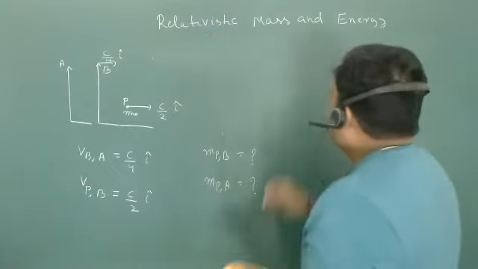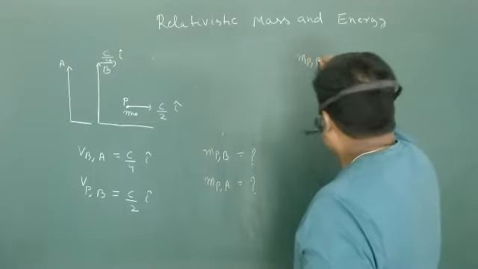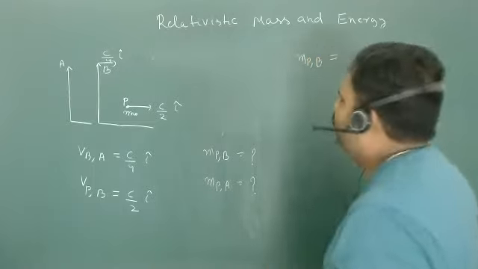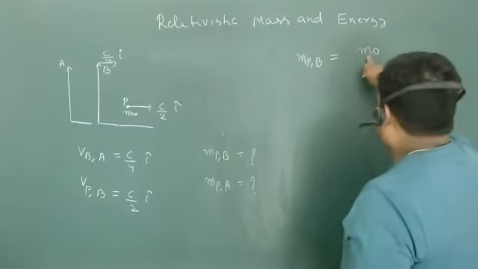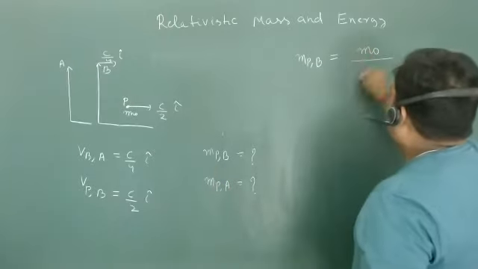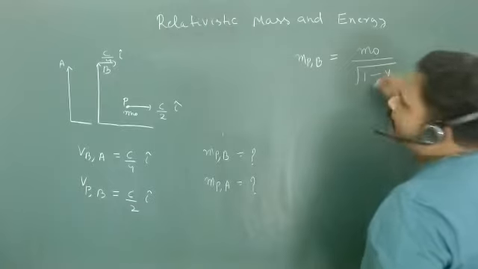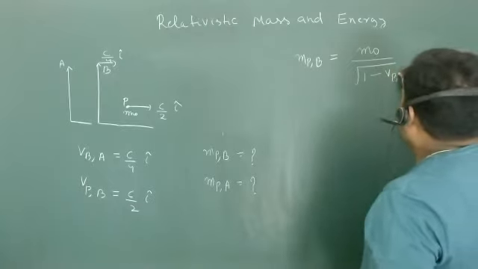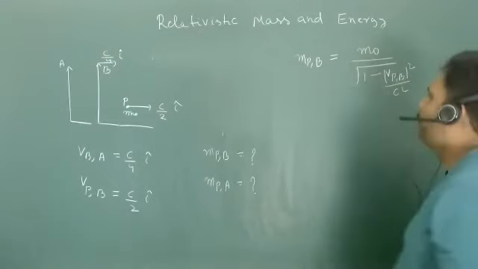This one. So we have to calculate the mass of a particle with respect to B, which means I have to calculate m naught, the rest mass, by root under 1 minus the speed of the particle with respect to B mod square upon c square.